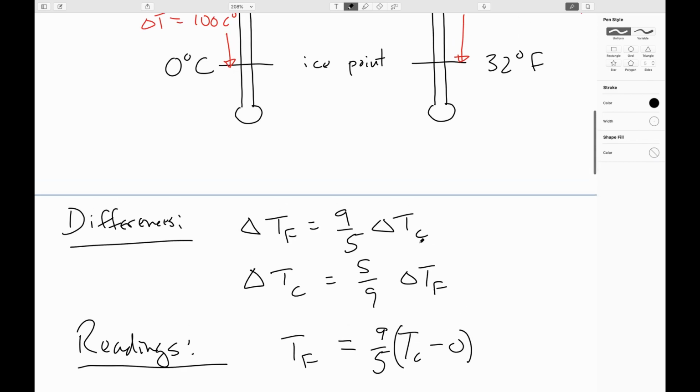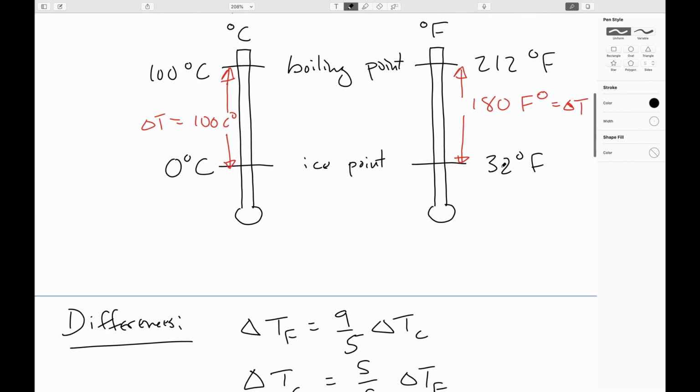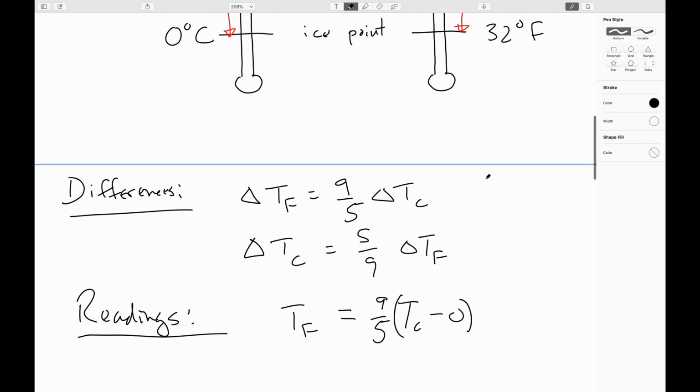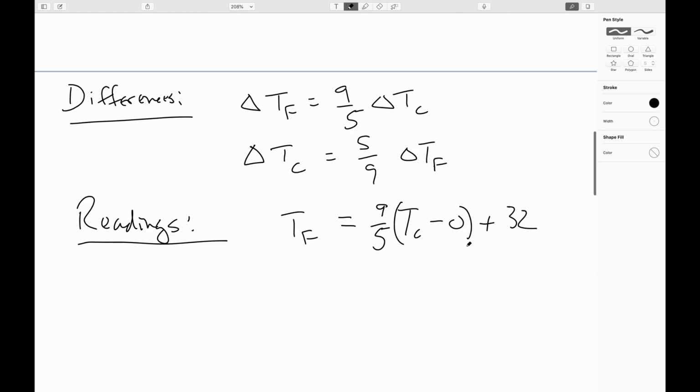And so you now have the corresponding temperature difference off of freezing in the Fahrenheit system. However, you have to add 32 to that difference in order to get an actual reading. So we add 32, and there you go. Now, usually nobody ever bothers writing this -0 bit, so you would just say T Fahrenheit equals 9/5 T Celsius plus 32.